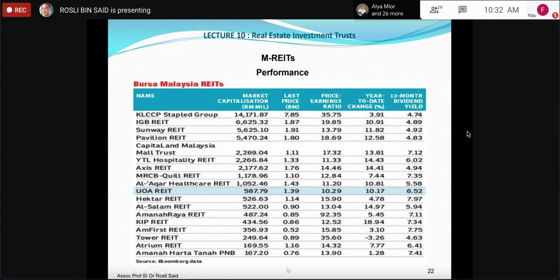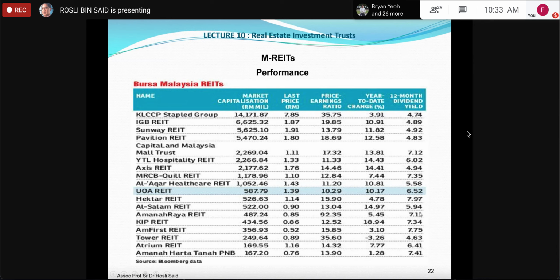And then in terms of price, we have seen just now. In terms of percentage change, you can see that Tower REIT, because it is only involved in offices, has dropped. The rest are increasing.